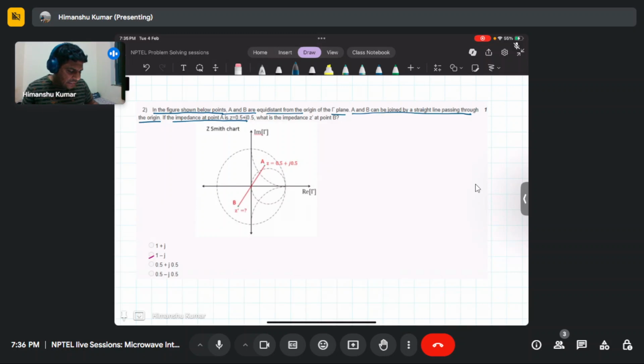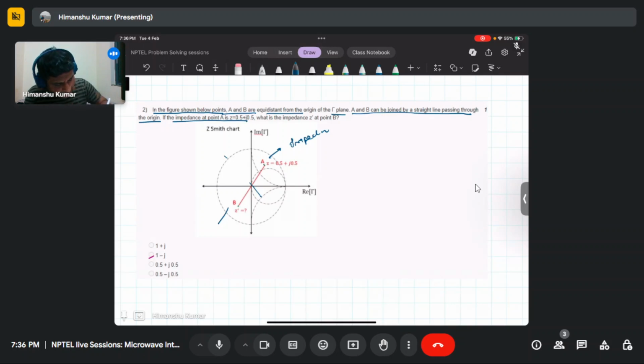If you consider this side as the impedance, and take the mirror image of this point symmetrically, that will convert it into the admittance.